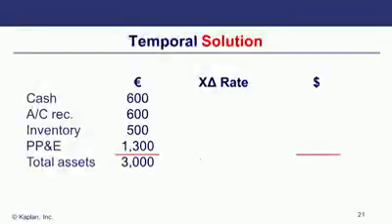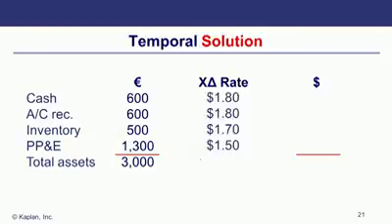So let's start. Step 1, remember, was to calculate total assets. So the cash and the accounts receivable are going to be at the closing exchange rate in the year, and of course that was an exchange rate of $1.80. The inventory, well, we're told the historic rate for the ending inventory, and we're told it was purchased at a weighted average exchange rate of 1.70, so we're going to use that for our inventory.